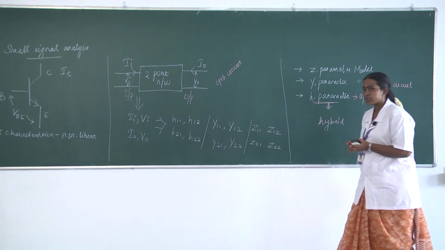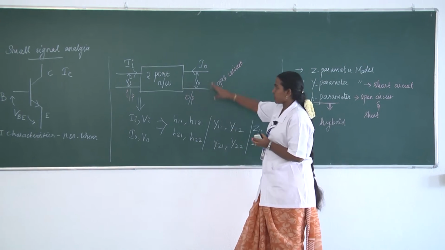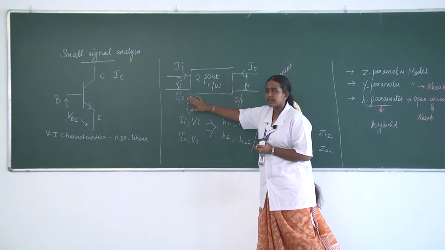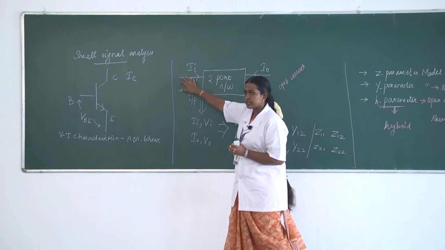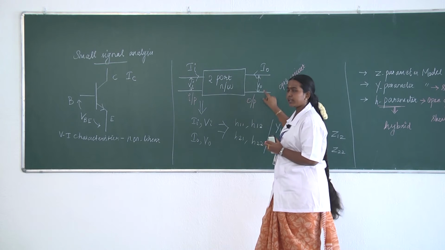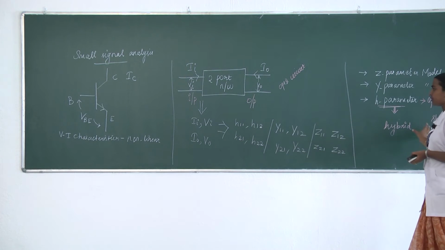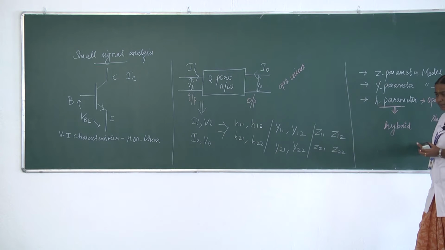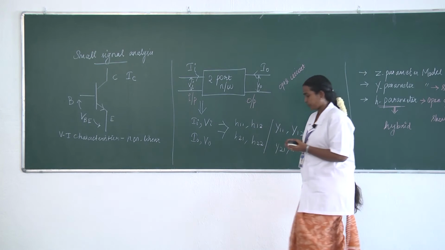We will do a short circuit on this side in order to find the input terms, that is Vi or Ii, and we will do an open circuit on this side and we will find the I0 and V0 terms. That is why it is called hybrid parameter. So now we are going to use the hybrid parameter in order to model a small signal transistor.